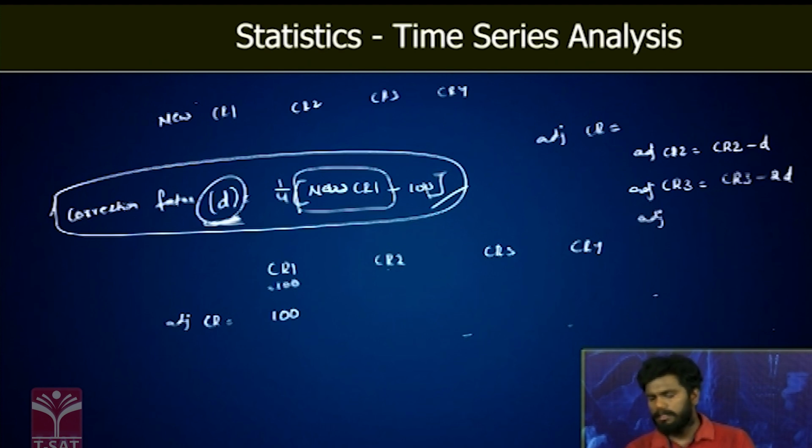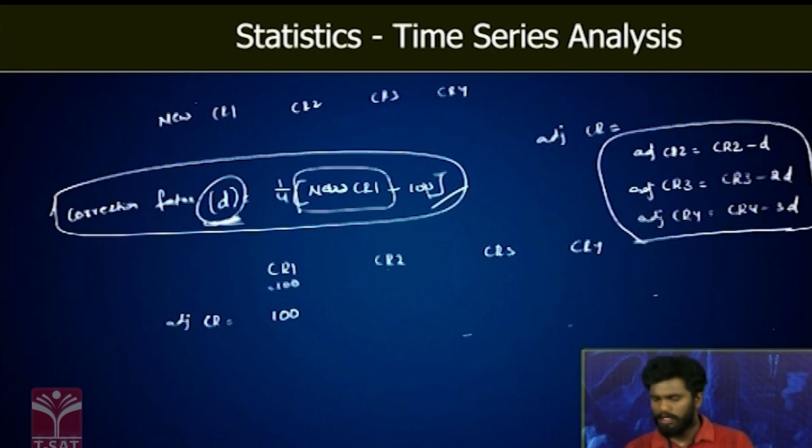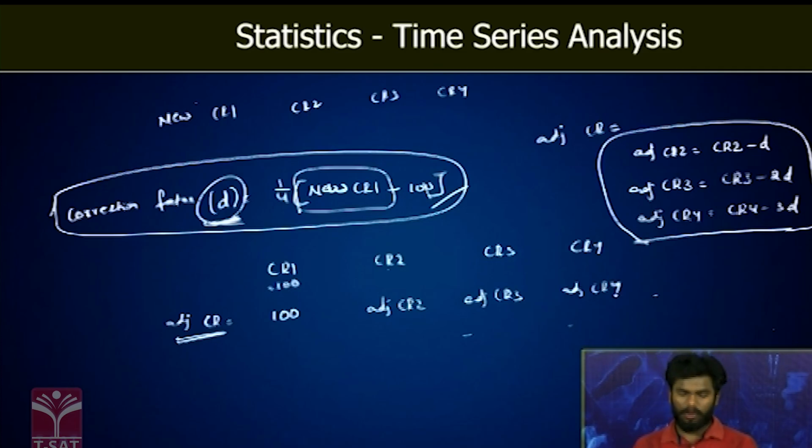And the adjusted chain relative for Q4 will be given as the original chain relative for Q4 minus 3D. So you have to use these formulas and find the adjusted CRs: adjusted CR2, adjusted CR3, adjusted CR4. Although the problem is not yet completed, there is one more last step.